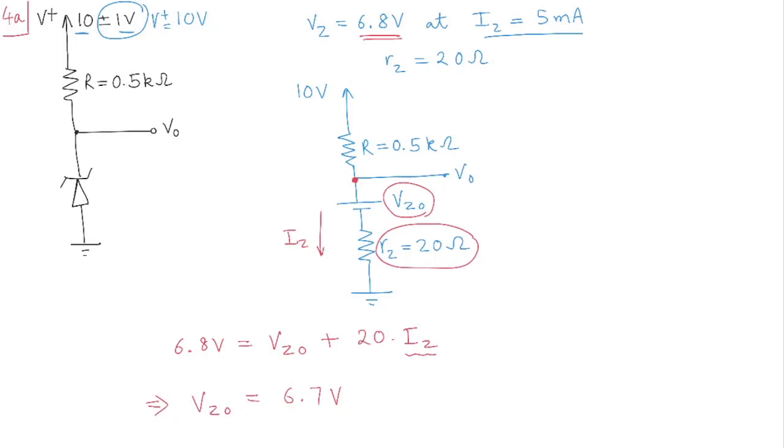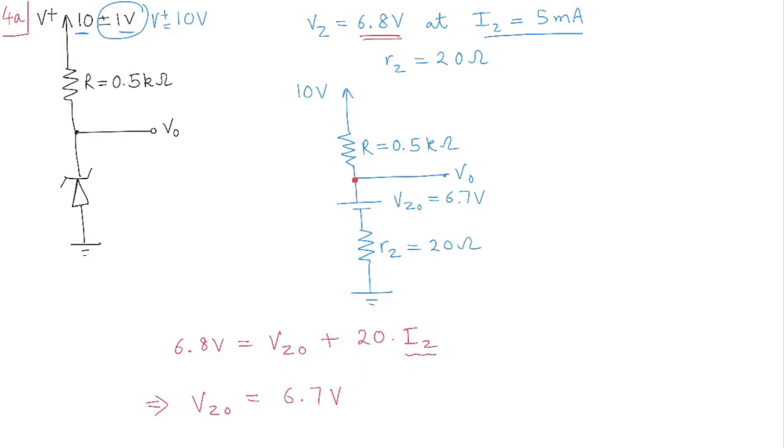Okay, so now having done this, we know the value of Vz0. So let me just take away these red markings because we were using them to calculate the value of VZ0. So what does our circuit look like now? So we have this VZ0 equal to 6.7 volts, and we have RZ equal to 20 ohms.